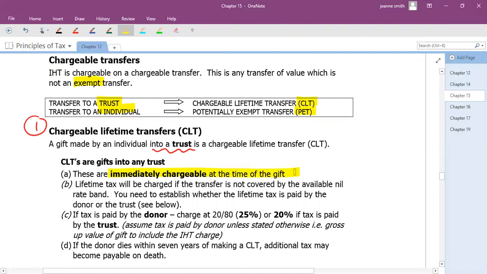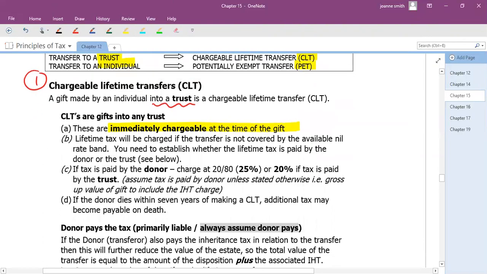So you do have to pay tax straight away. It might get taxed during the lifetime, and then it might get taxed again at death if it falls in that 7-year period. If it falls outside the 7-year period, then it just gets taxed at the time of the gift.